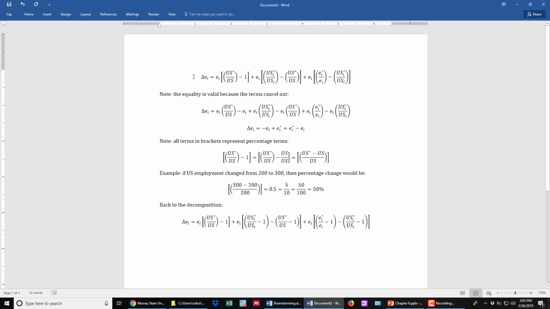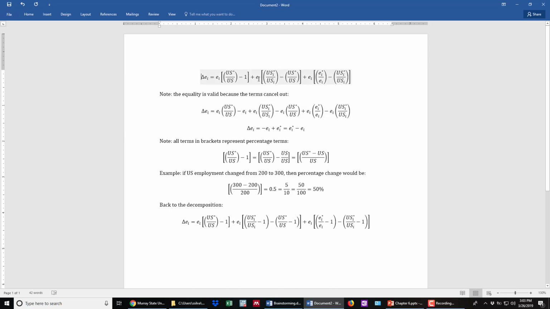Basically, what am I talking about? I am going to use the distributive rule here and multiply EI by US star over US. That's overall employment in US in all the sectors together and beginning. And then using the distributive here, that's going to be minus EI.